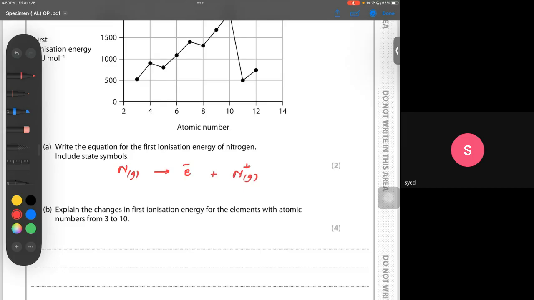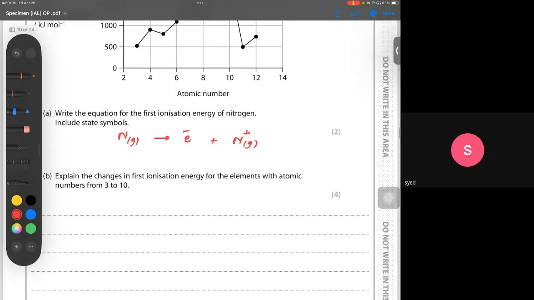You cannot remove an electron from the solid, the liquid, or the aqueous one. You can only remove an electron from the gas. That's why whenever you write the ionization energy equation, the state symbol should be gas.